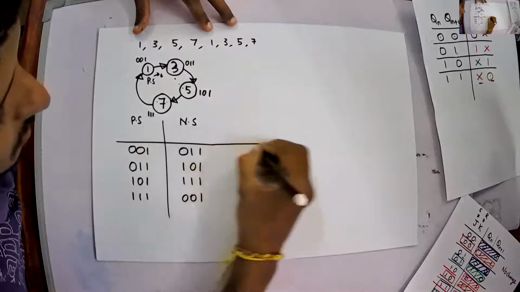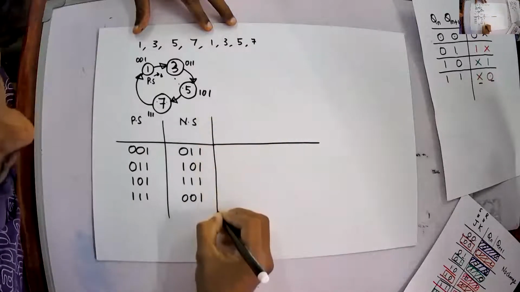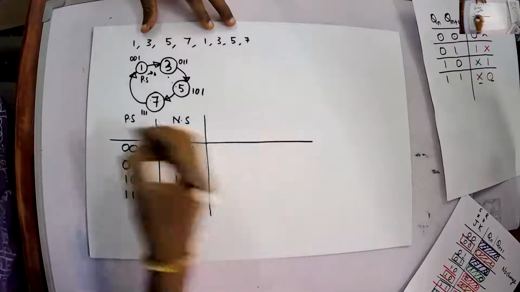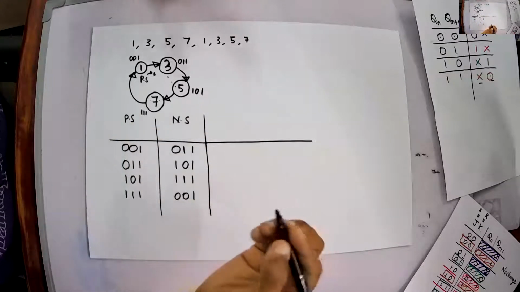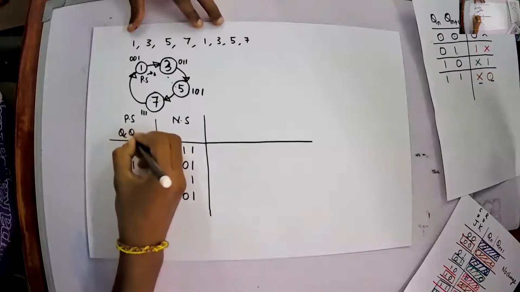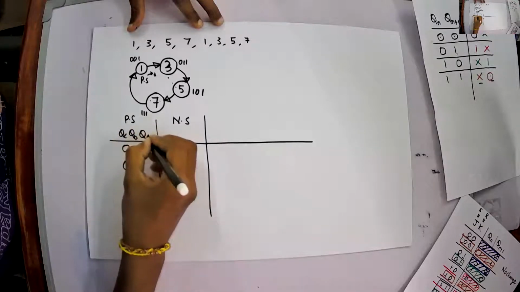Now what we need to do is we need to draw the JK excitation table. So we can write it in any order. So let's take it as QC, QB, QA.